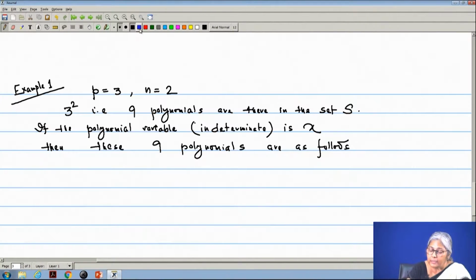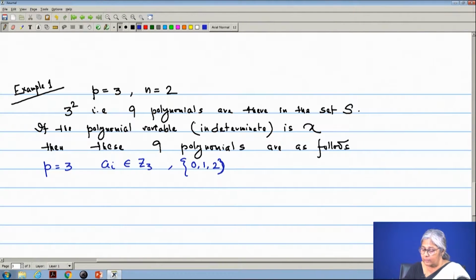See, n equal to 2, that means my ai can be only 0 and 1. P equal to 3. So, ai belongs to Zp and Zp is 0, 1, 2. So, ai can take value 0, 1, 2 and n equal to 2.